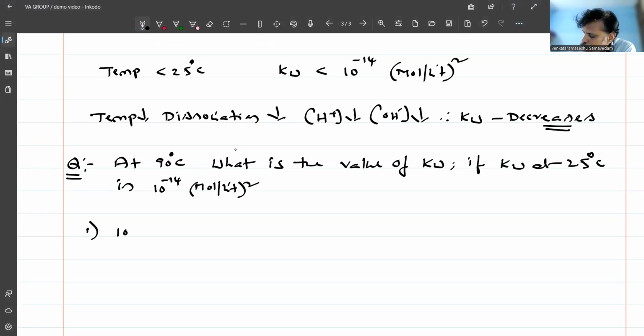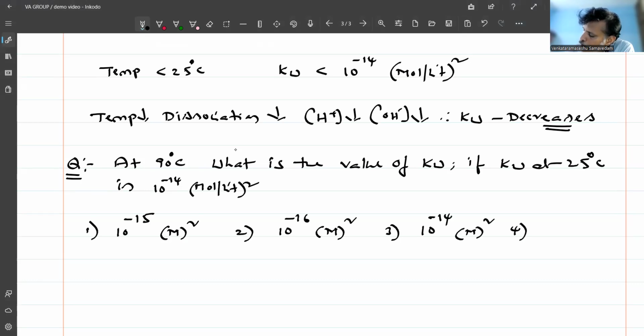Option 1, 10 power minus 15 molarity whole square. Option 2, 10 power minus 16 molarity whole square. Option 3, 10 power minus 14 molarity whole square. Option 4, 10 power minus 12 molarity whole square.